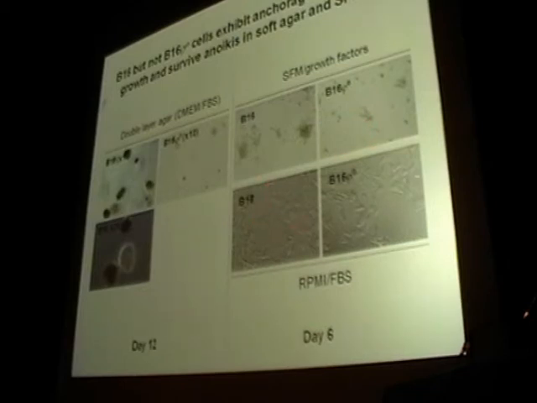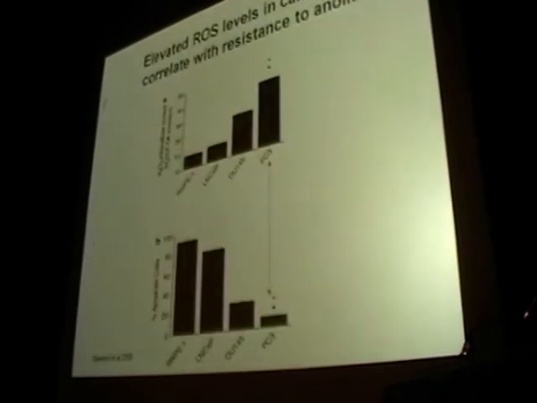However, under conditions of fetal calf serum, both cells grew quite well, although the row 0s were a little slower, as I mentioned. So one of the arguments then is that reactive oxygen species themselves may be promoting this resistance to anoikis that we see in these row 0 cells.